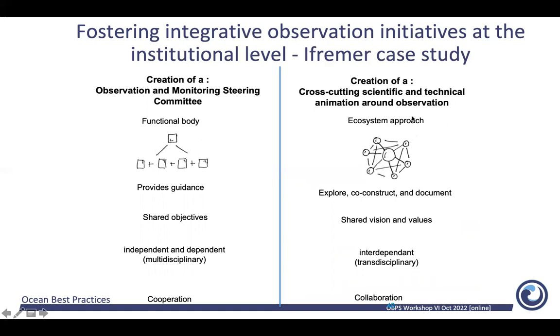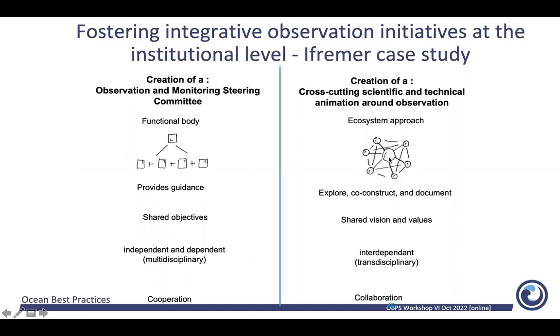And collaboration, from the literature, is more like an ecosystemic approach, pretty well disorganized, but we explore, we co-construct, we document initiatives. We don't share objectives, but we share vision and values. And this is something interdependent.